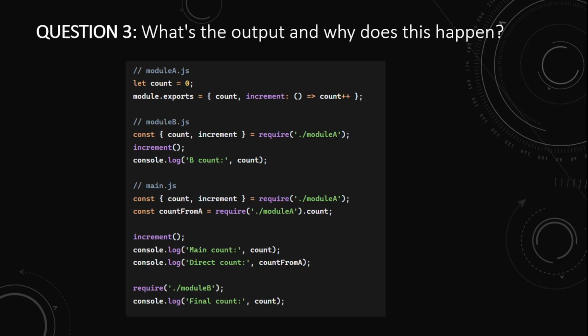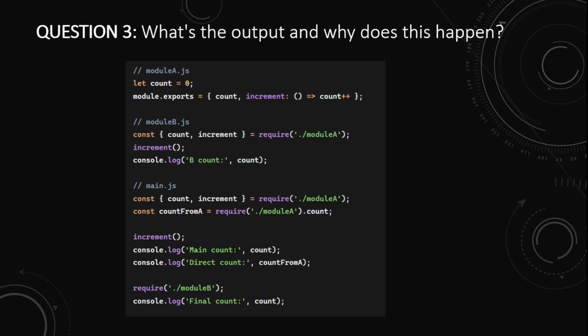Whereas whatever we are exporting from the module via module.exports, for example the count variable here which got imported, is exported through the copy by value method. But when the value is read through this other method, it is actually getting the value via the copy by reference method.